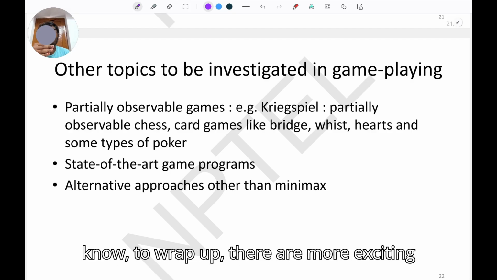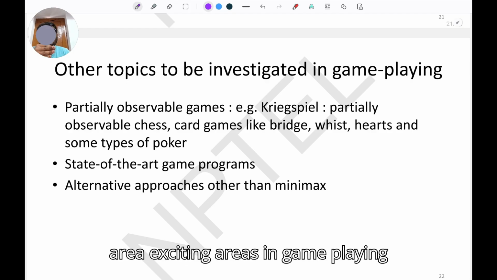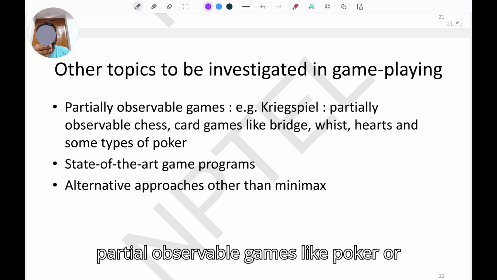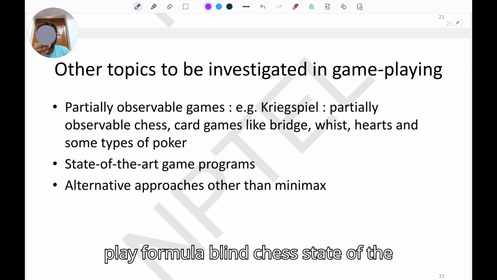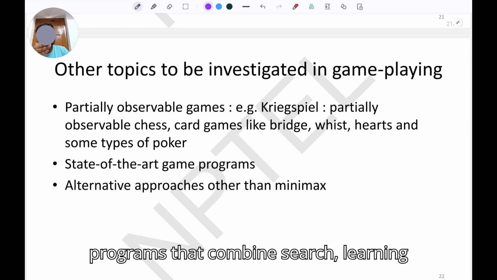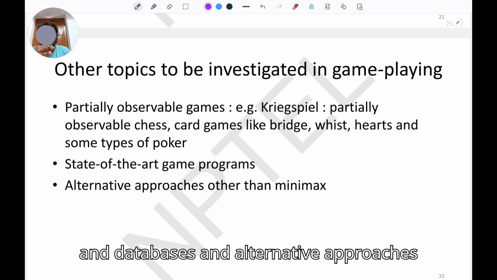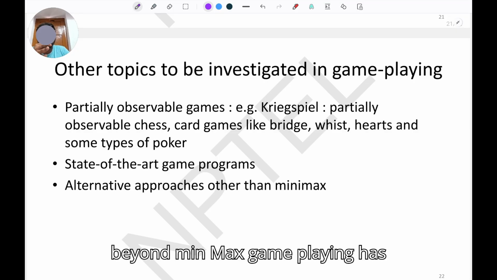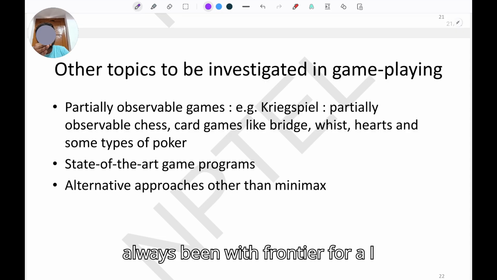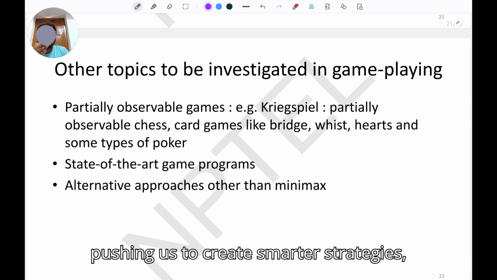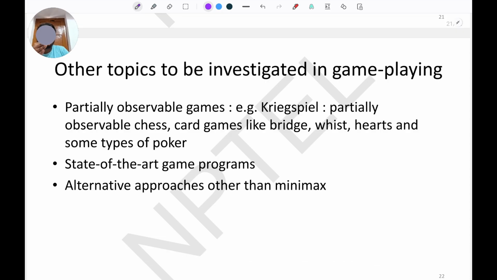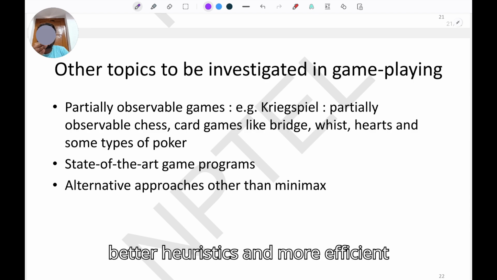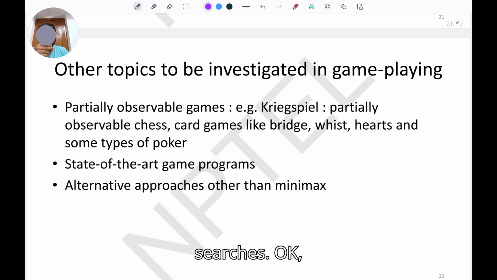To wrap up, there are more exciting areas in game playing, like partially observable games such as poker or blind chess; state-of-the-art programs that combine search, learning, and databases; and alternative approaches beyond Minimax. Game playing has always been a frontier for AI, pushing us to create smarter strategies, better heuristics, and more efficient searches. Okay, that's all.